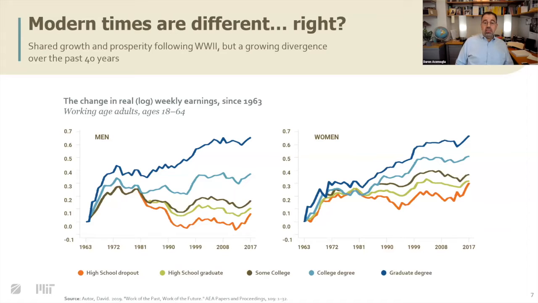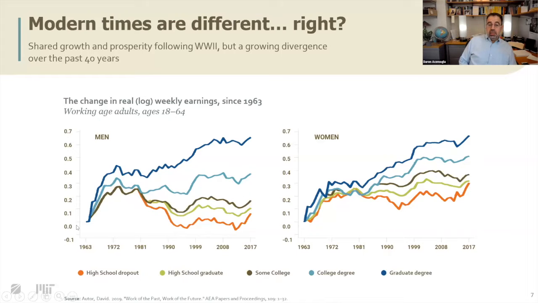What it depicts are the evolution of real wages of 10 demographic groups distinguished by gender and education, all the way from workers with less than high school in orange to workers with a postgraduate degree in dark blue. Everything is normalized to 0 so that you can trace the growth of real wages.